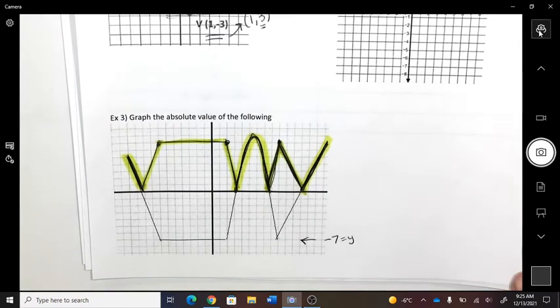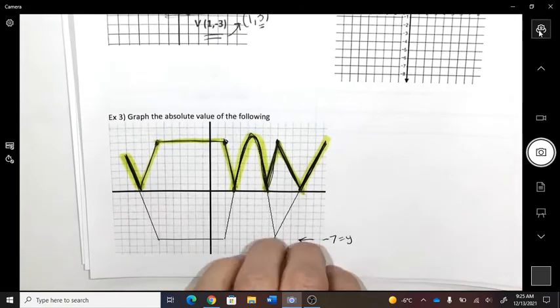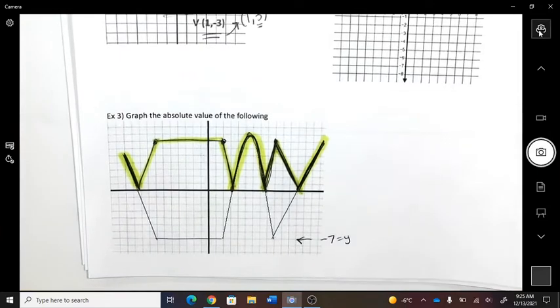Okay, so I left all the pieces that were positive or 0, and then the negative sections I flipped.